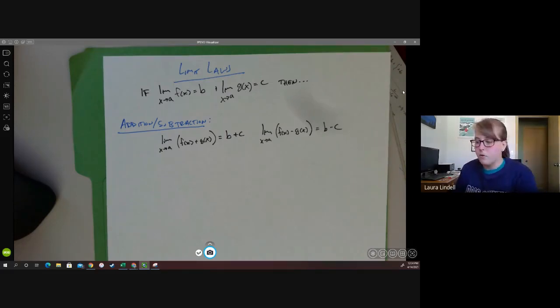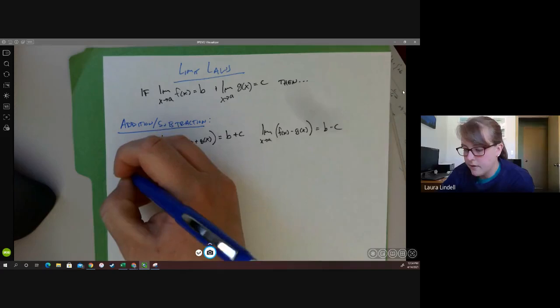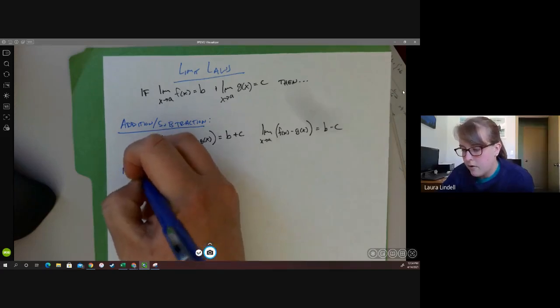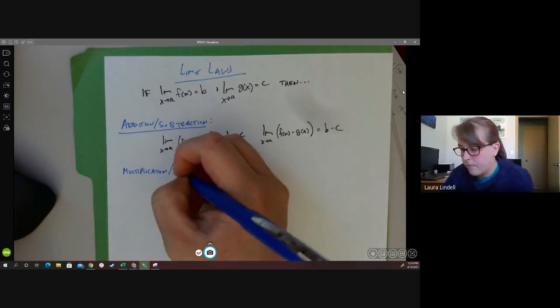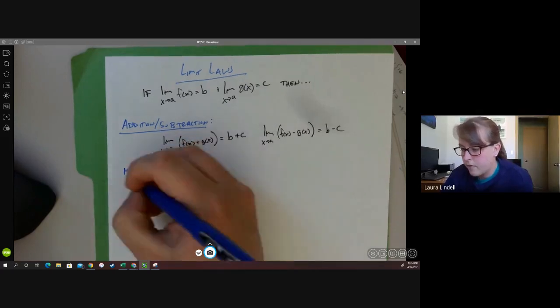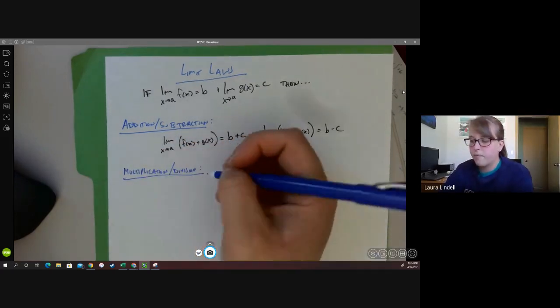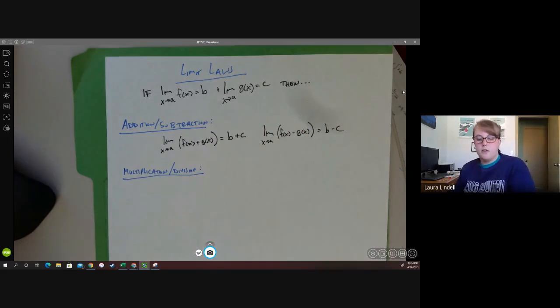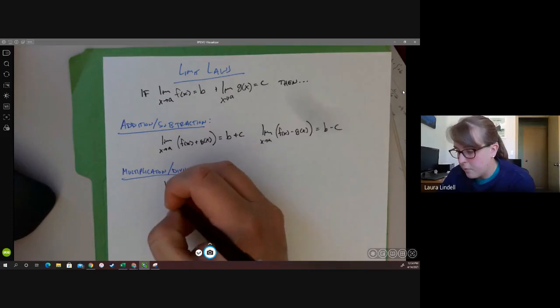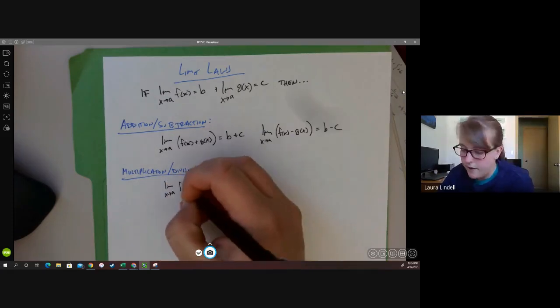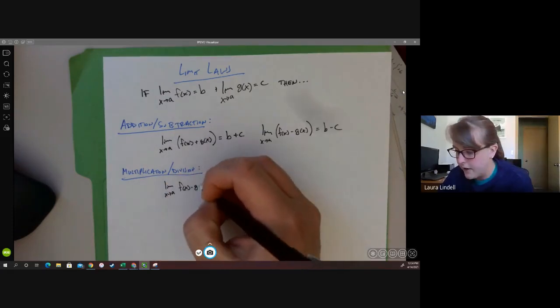Next, we're going to work with multiplication and division. So we'll see things like the limit as x approaches a of f of x times g of x.